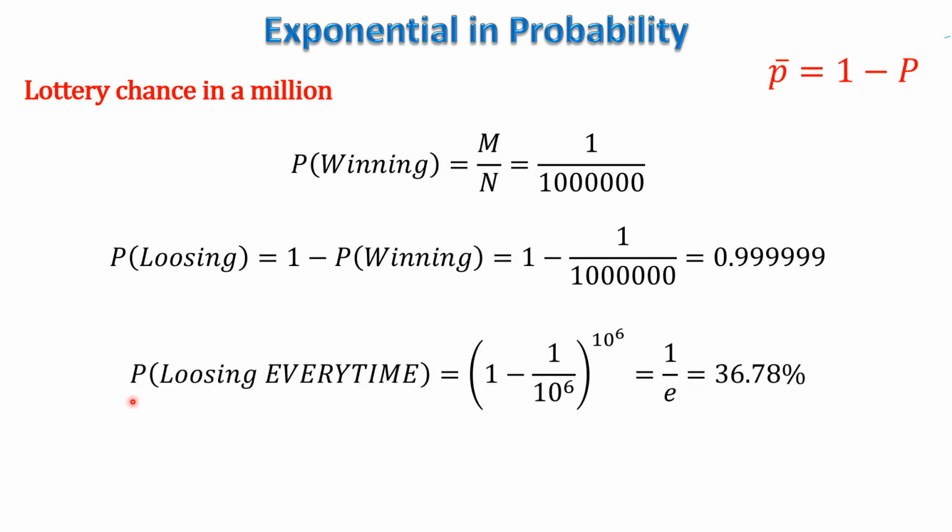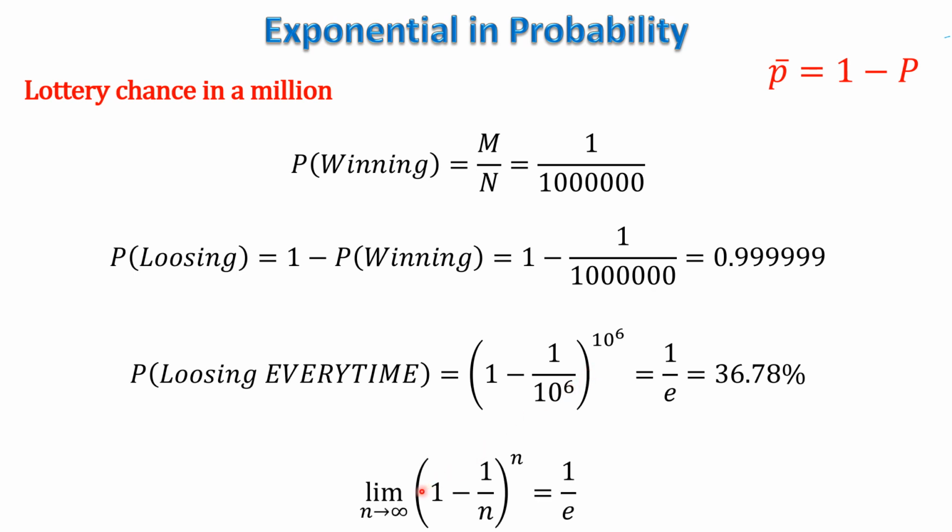Now the probability of losing every time is a problem of composite probability, and you have to multiply all probabilities.